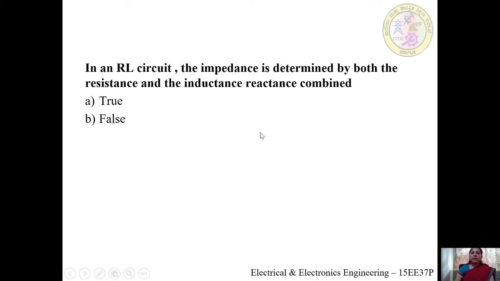So in RL circuit, the impedance will be due to resistance and also due to the inductive reactance. So here the correct answer is A. It is true because impedance is going to be determined by considering both resistance value and inductive reactance value.